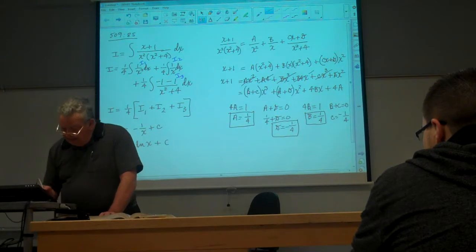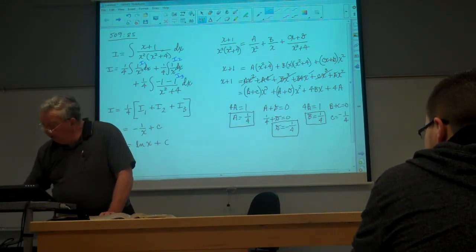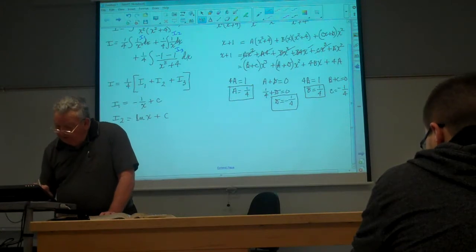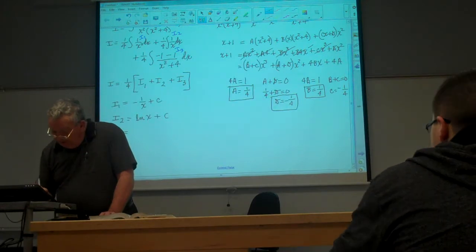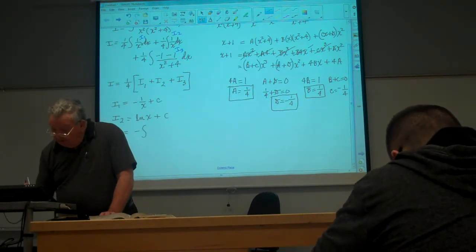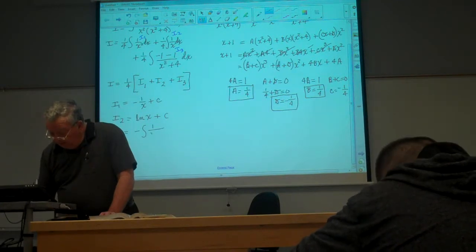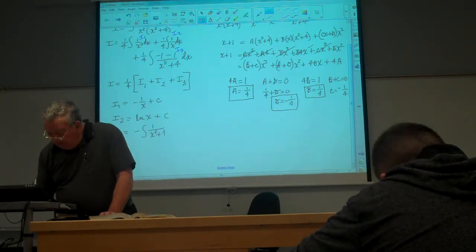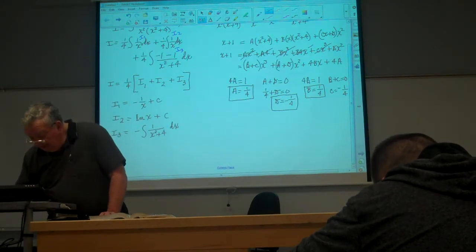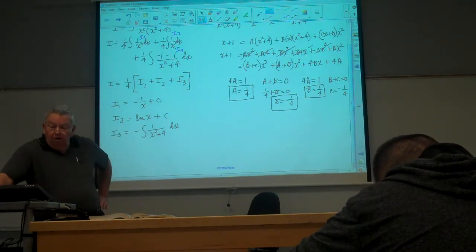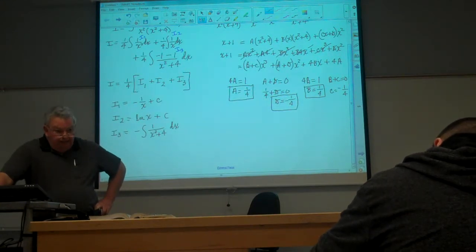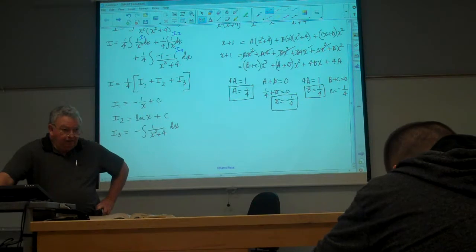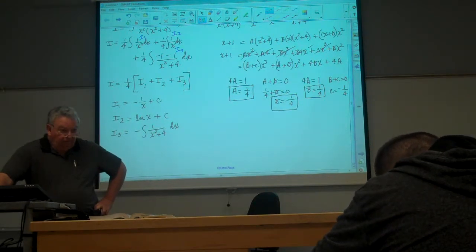Okay? Now, I3 is where the problem comes. Not much of a problem. I3 is equal to minus the integral of 1 over x squared plus 4 dx. And here's where that handy dandy 3x5 card comes in. Is that a 1?